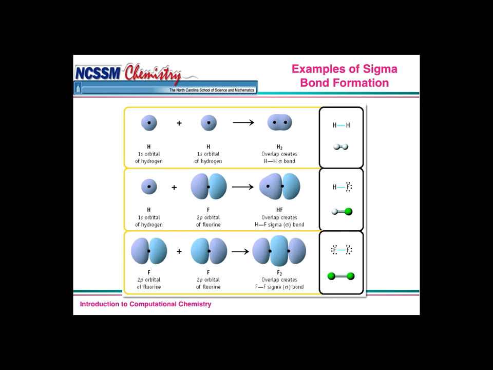Okay, and going down to the next graphic, if I take a hydrogen with its 1s orbital and the fluorine with its 2p, and I let those two bump up against each other, I will get an overlap there. And notice the shape of the sigma bond in the hydrogen fluoride.